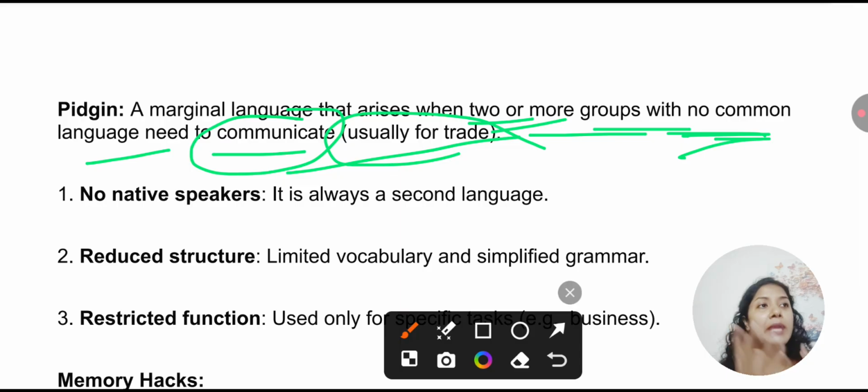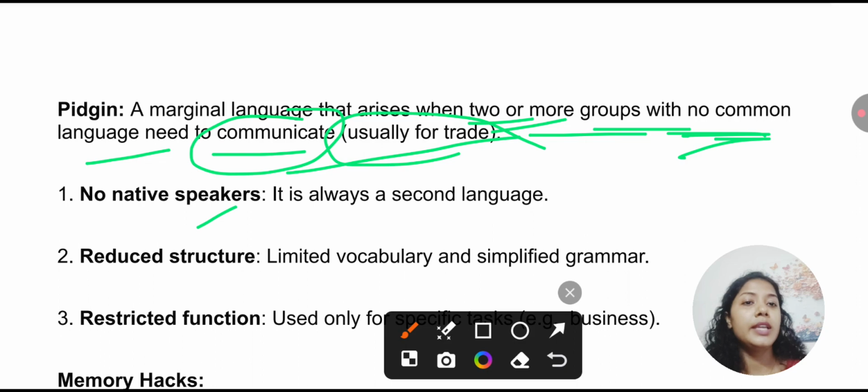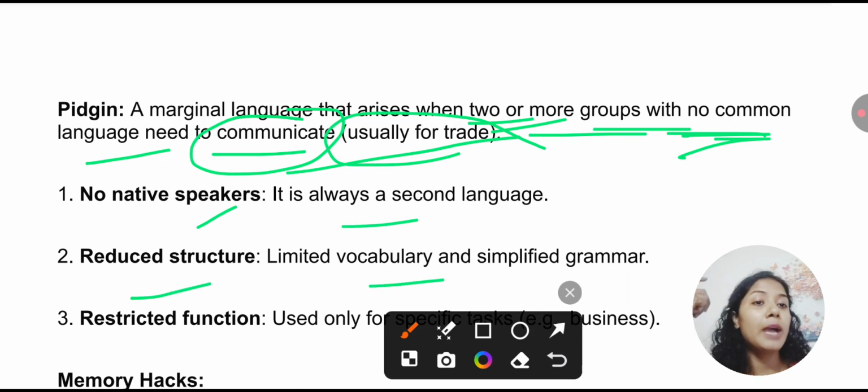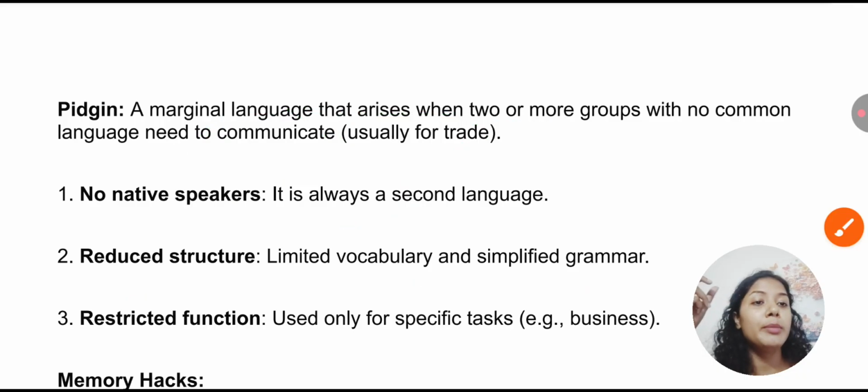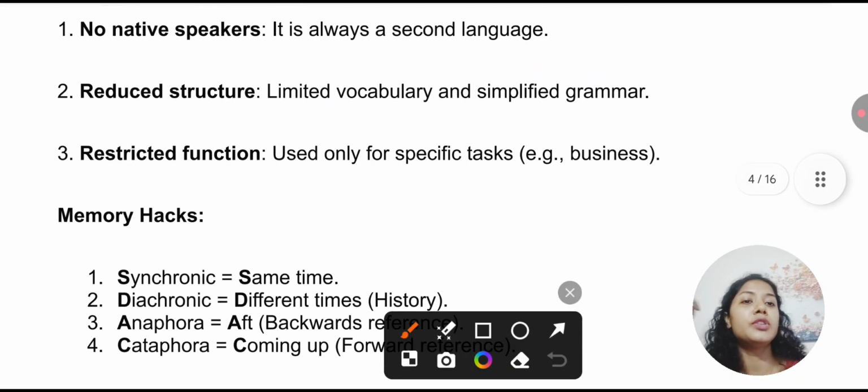Your speech will also be very limited. आप थोड़े थोड़े से वर्ड बिल्कुल बोलेंगे कि आपका काम चल जाए. ठीक है. So it is non-native speakers. It is always a second language. Pidgin आपका होगा reduced structure, limited vocabulary and simplified grammar ही होंगे बस इसमें, और restricted functions used only for a specific task.